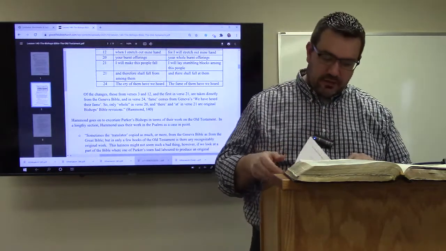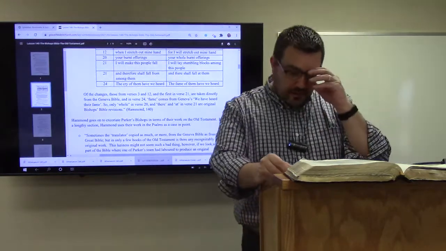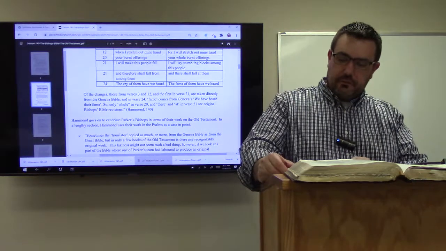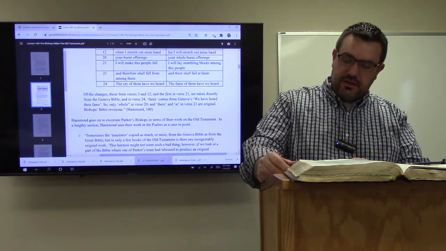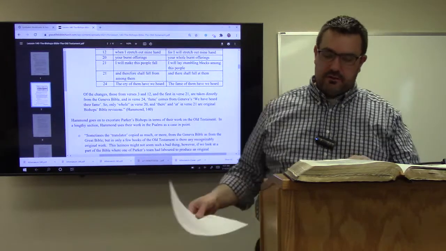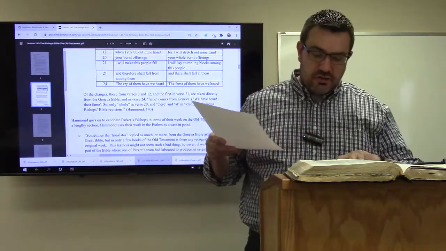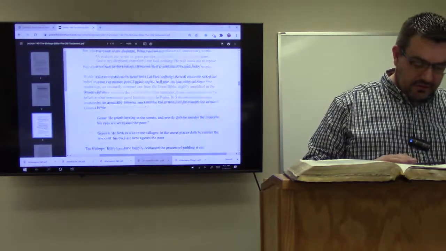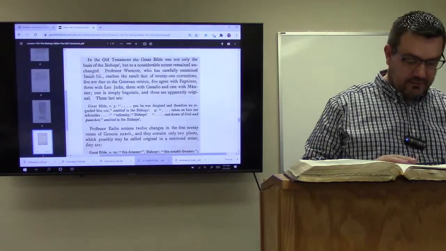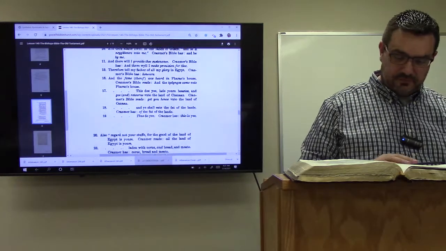Blackford Conant concurs with Mombert and offers the following extract from Genesis 45 as evidence on pages 278 and 279 of his book, The History of the English Bible. So I have screenshotted this rather than sitting here to type all this out. I took a screenshot of these pages, and that's what I've included here. So let's look at a few of these.